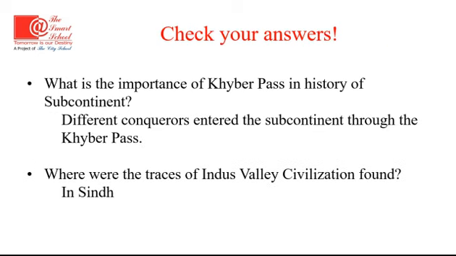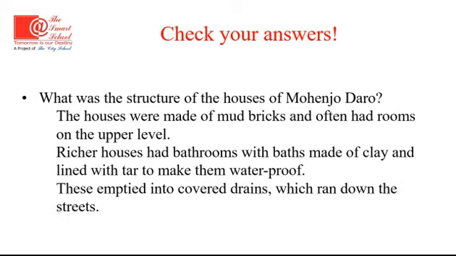What is the importance of Khyber Pass in the history of subcontinent? Different conquerors entered the subcontinent through the Khyber Pass. Where were the traces of Indus Valley civilization found? They were found in Sindh. What was the structure of the houses of Mohenjo-daro? The houses were made of mud bricks and often had rooms on the upper level.